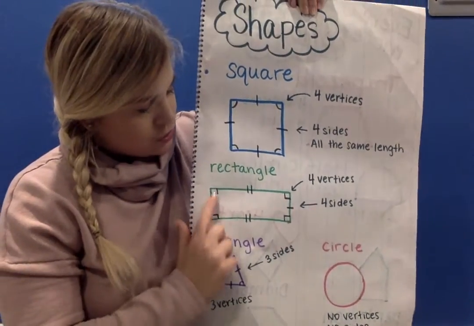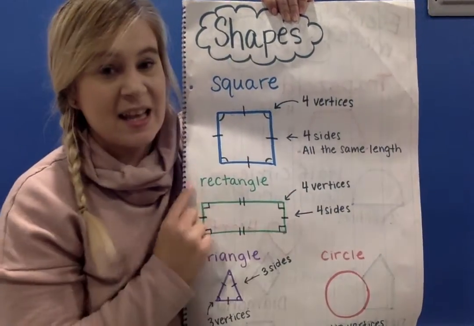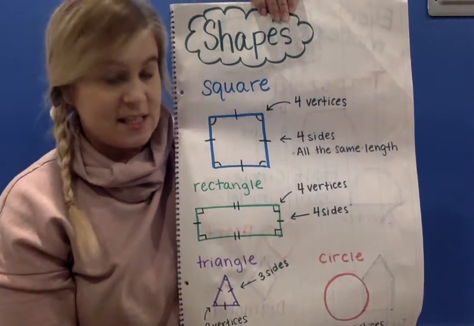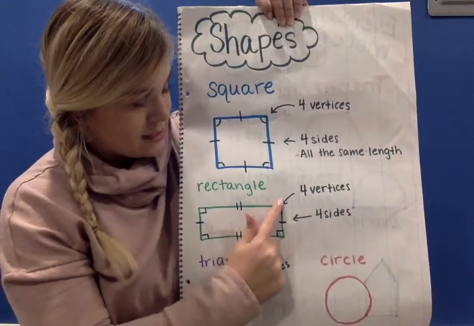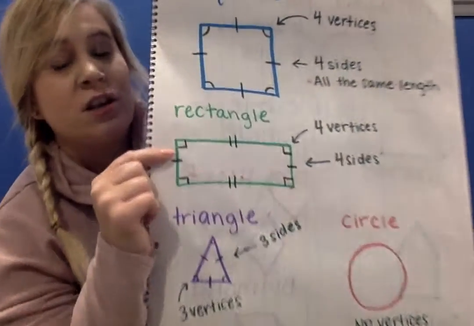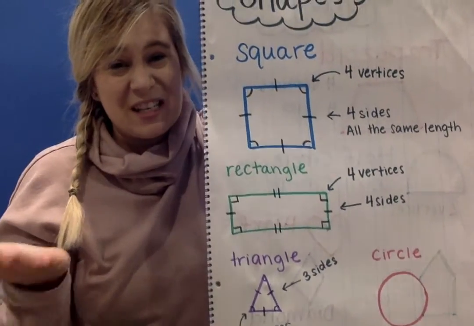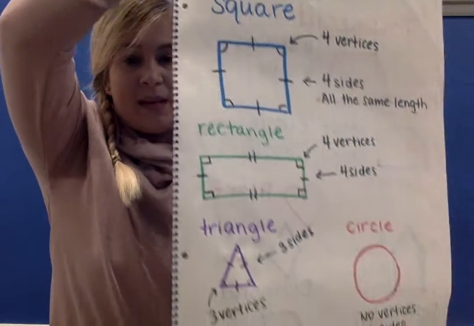A rectangle has 2 short sides and 2 long sides. It has 4 sides altogether and 4 vertices. Its long sides are the same length as each other and its short sides are the same length as each other. This rectangle is also green, but being green doesn't help me identify that it's a rectangle, that that's the kind of shape it is.